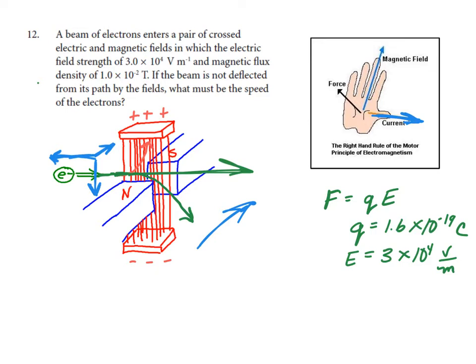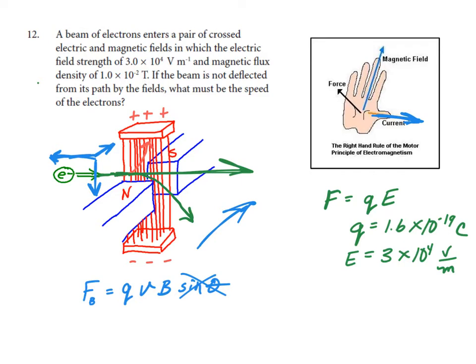The other force will be from the magnetic field. That force, F_B or F_M, is going to be Q times V times B times the sine of the angle between the path and the field. If this electron is going perpendicular to the magnetic field, which it looks like it is, then the sine of 90 degrees is 1, so that part can just drop out.